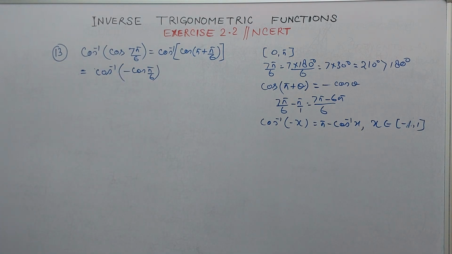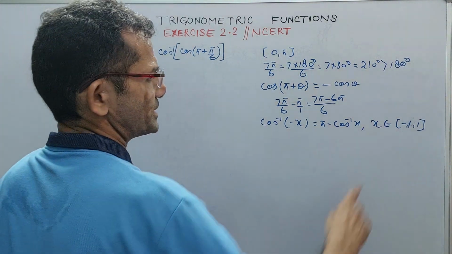Obviously pi by 6 lies between minus 1 and 1.